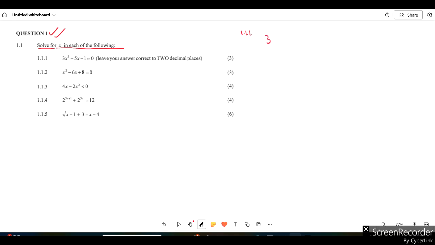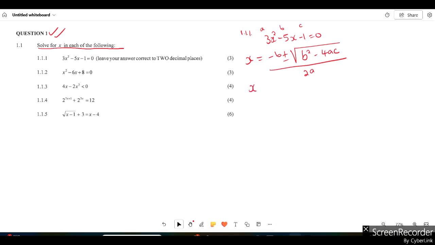So 3x squared minus 5x minus 1 equals 0. This is going to be my A, this is going to be my B, and this is going to be my C. And then x equals minus B plus or minus square root of B squared minus 4AC, divided by 2A. Guys, this is simple.